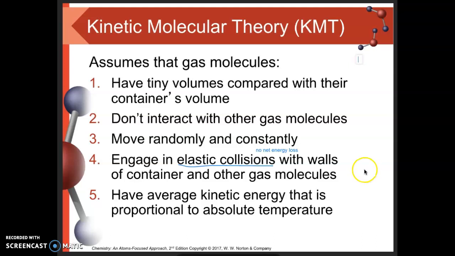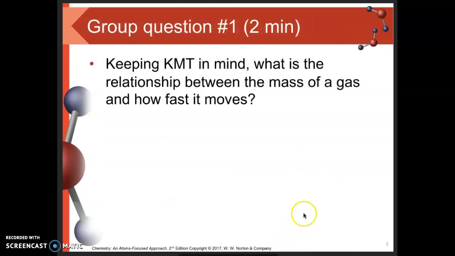So the real question is, how do we use the kinetic molecular theory? What can we do to actually try to rationalize relationships between parameters or make some more fundamental assumptions as a result of it? Let's go into this next concept. I'm going to pose a question to you that I'm going to give you a couple of seconds to think about.